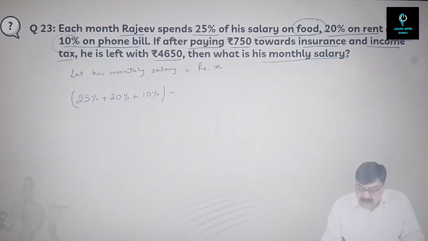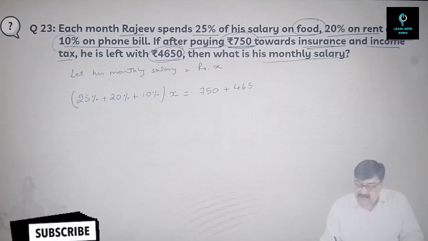So all this together of X. Now I'm taking the other figures, the ones mentioned to us in rupees, on the right hand side. So he's paid 750 towards insurance and income tax, he's left with 4650, that is his savings.